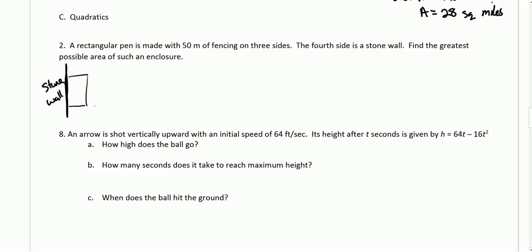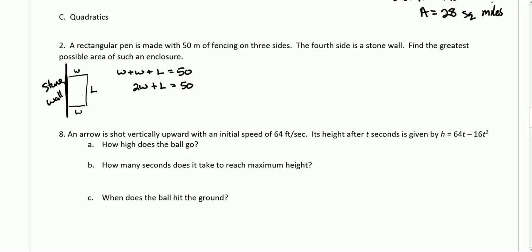Rectangular, and it's got some length, capital L for length, and some width, W. Find the greatest possible area. So in the perimeter of this fence, we know that W plus W plus L has got to be our 50 meters of fencing, or 2W plus L is 50.